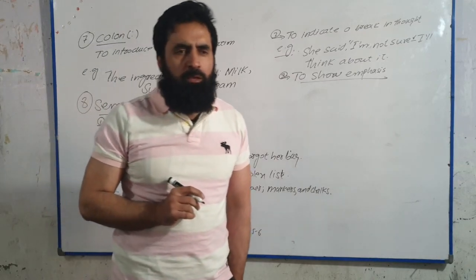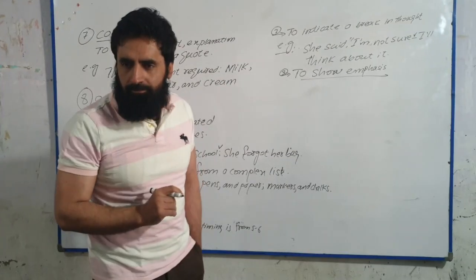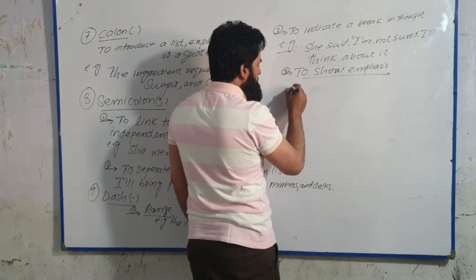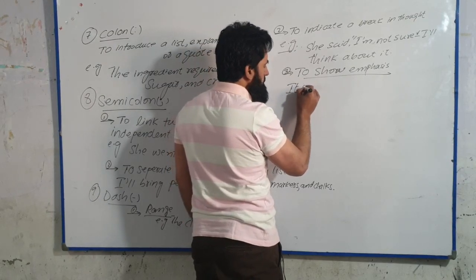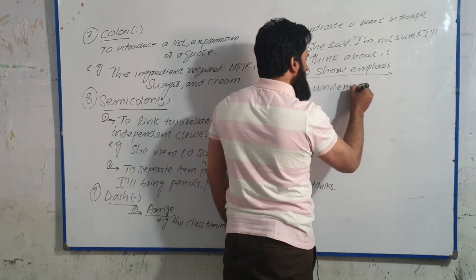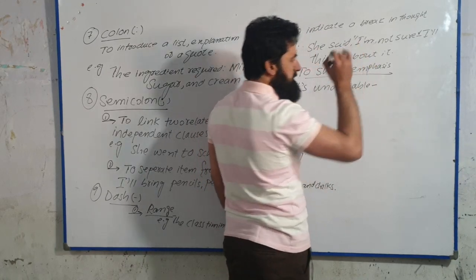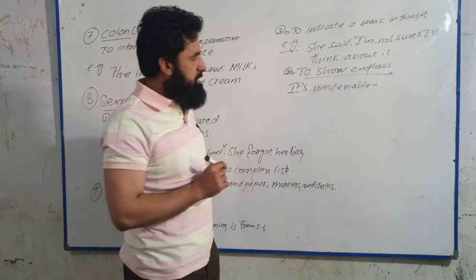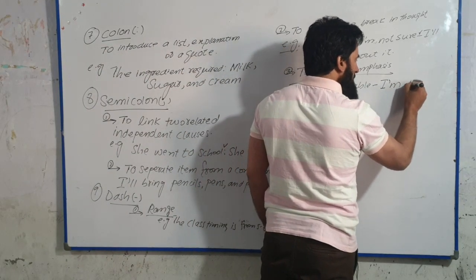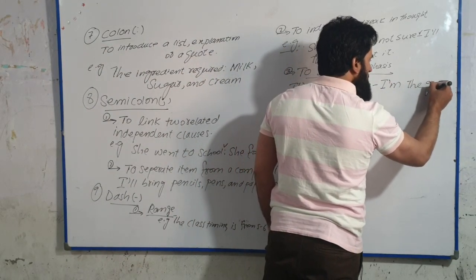Okay, let me make a khandani sentence for you. Okay, a khandani sentence, that would be what? It's undeniable that dash. Okay, punctuation mark dash. It's undeniable I'm the great teacher.